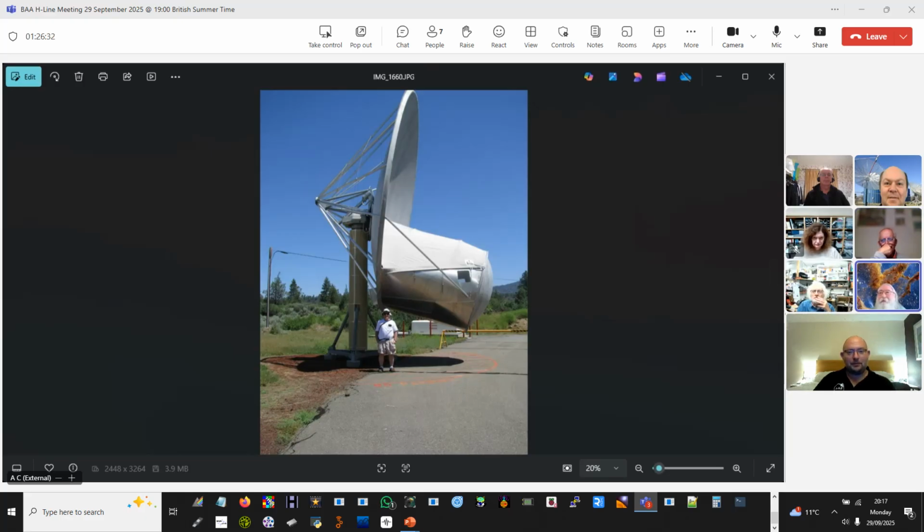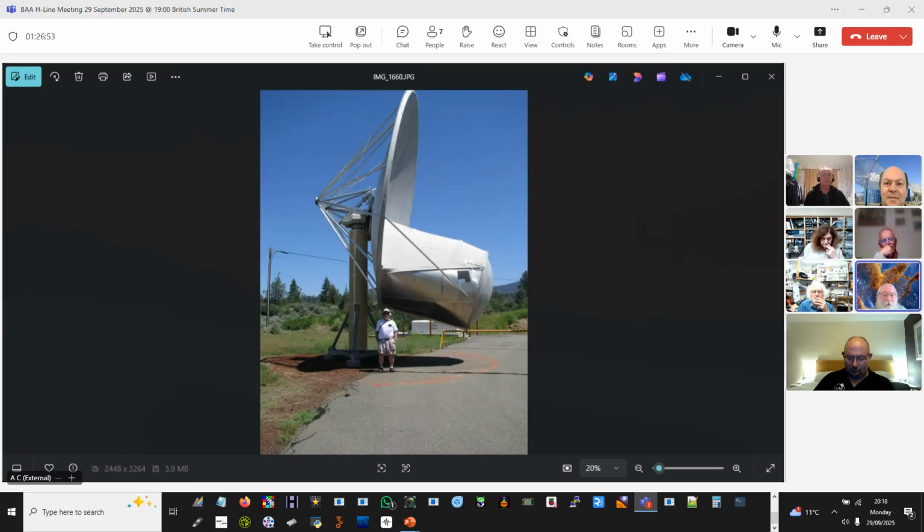Wow. The observatory is in a northern part of California. It's called Hat Creek, and the observatory itself is called the Allen Observatory because it was funded by Paul Allen, one of the co-founders of Microsoft.